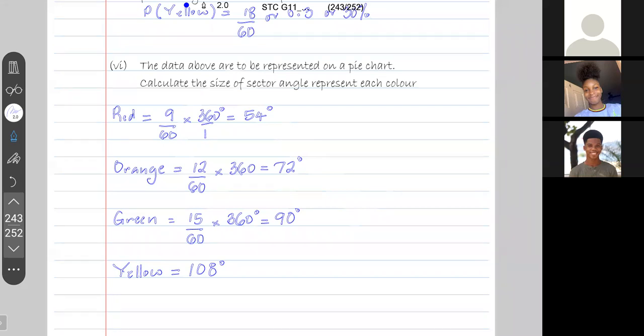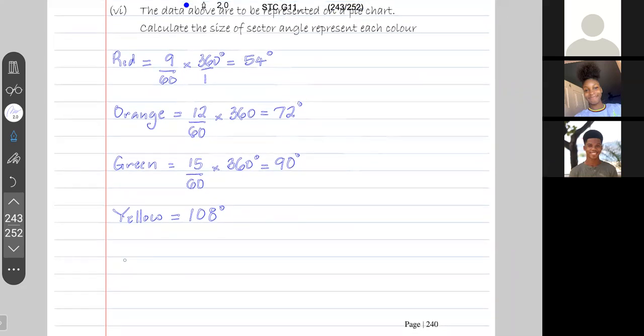So red, 9 students, is represented by a sector with a sector angle of 54 degrees. Yellow, which is double that amount, 18 students, is going to be represented by a sector with a sector angle of 108 degrees. Similarly, blue, which is 6 students. All right.